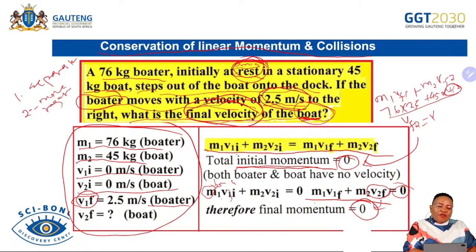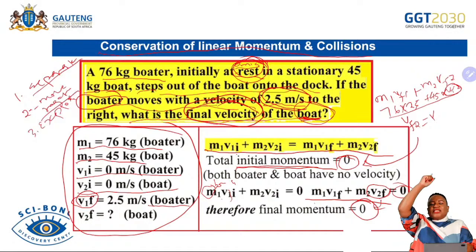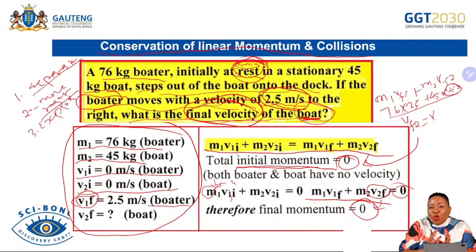So you need to have where objects separate, where objects move together, and also you need to deal with explosion, whereby an object was together and it separated, like a rocket when it explodes. Those scenarios are also stated on our exam guideline.